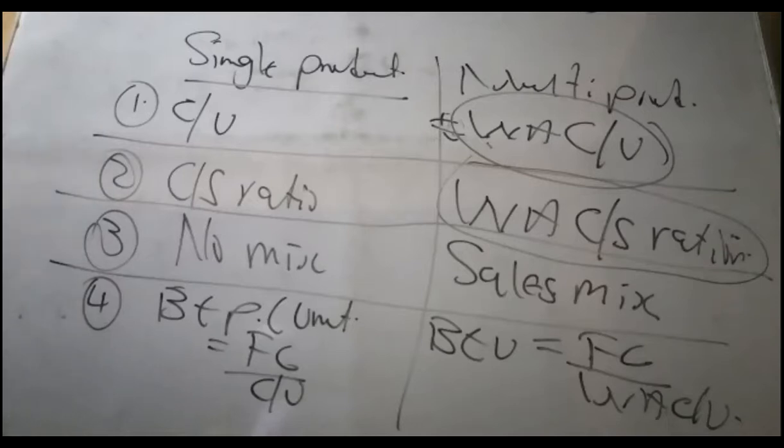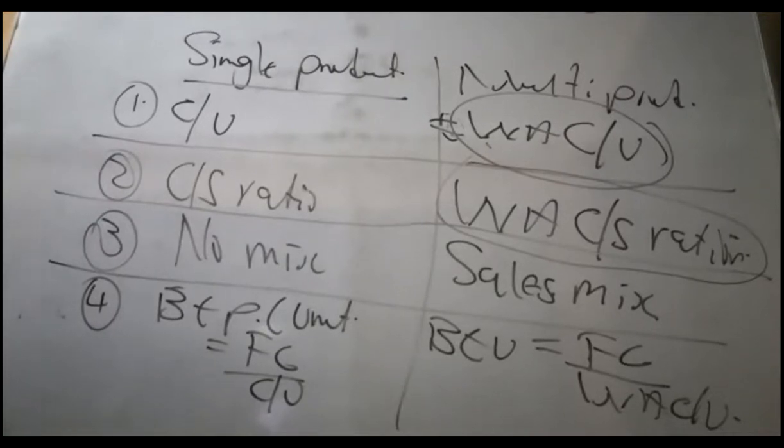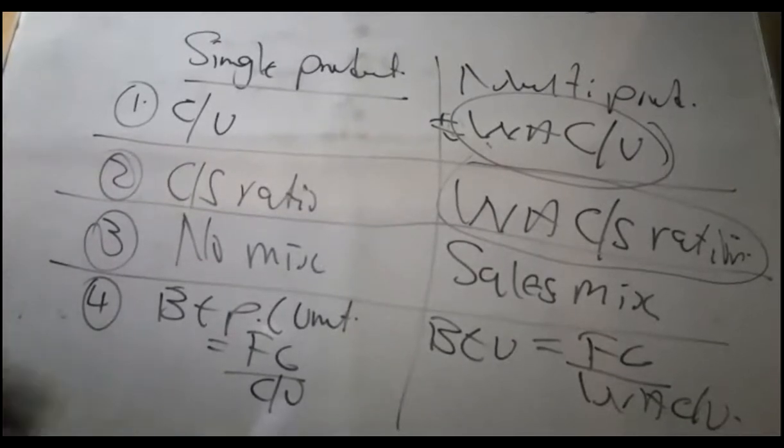The shortcut will be the fixed cost divided by the CS ratio. Great.